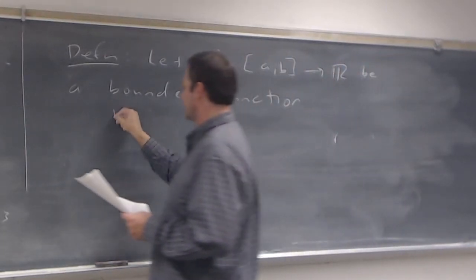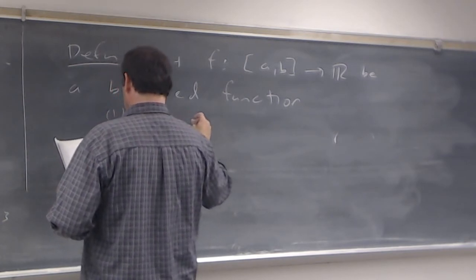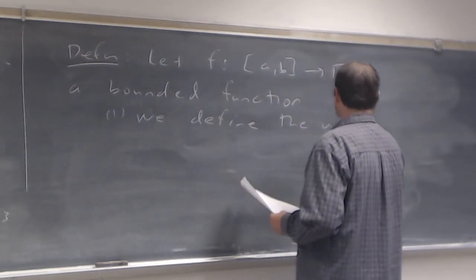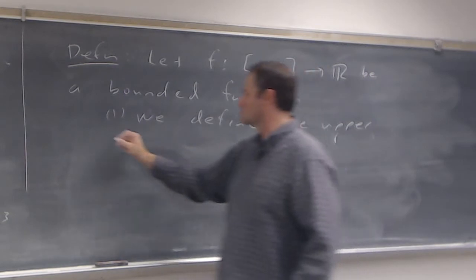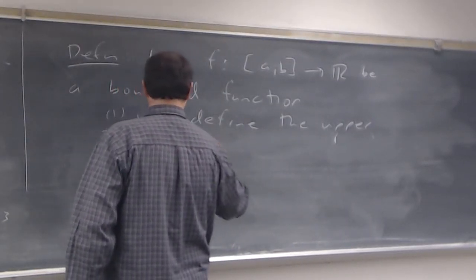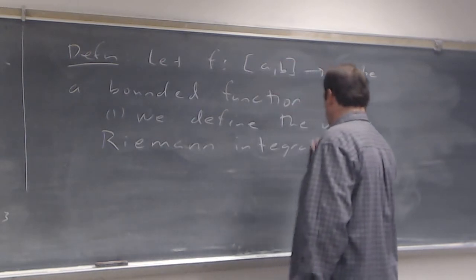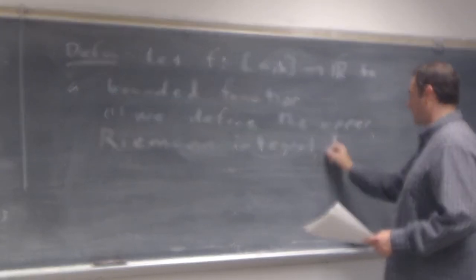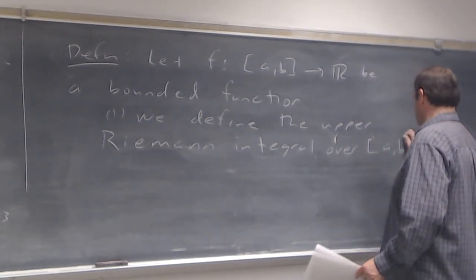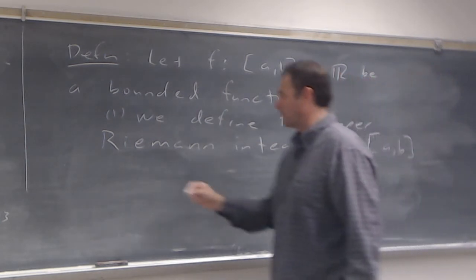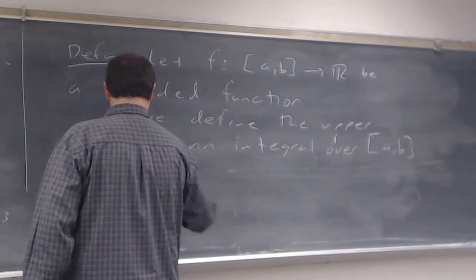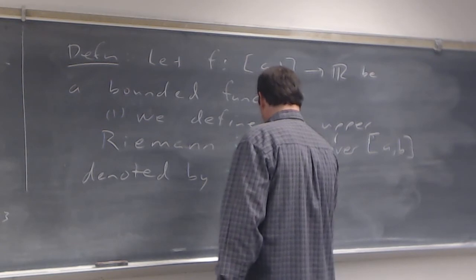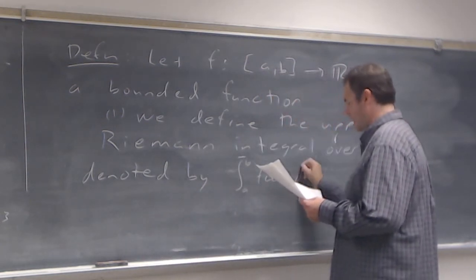First, we define the upper Riemann integral over the closed interval a to b, denoted by the integral from a to b of f of x dx.